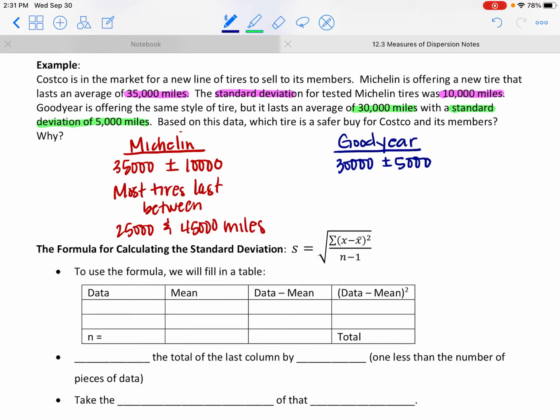And this is going to be most of the tires. Okay? So most tires last between, in this case, 30,000 minus 5,000, which is 25,000, and 30,000 plus 5,000, which is 35,000.